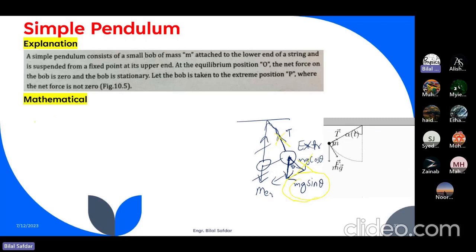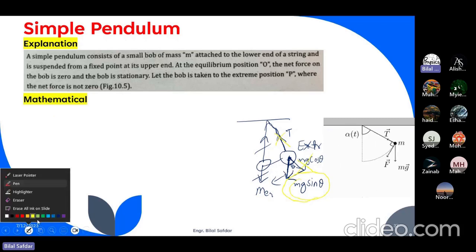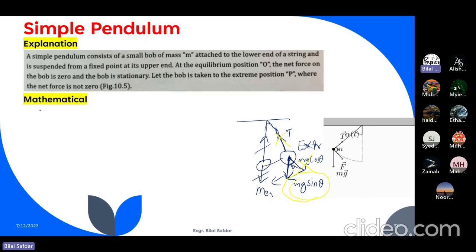So we can say that the restoring force is derived from the figure. Fr restoring is equal to W, which is equal to mg sin theta. Why is cos theta not involved? Because it cancels with the tension.